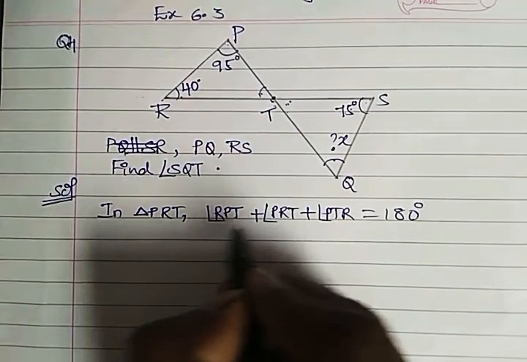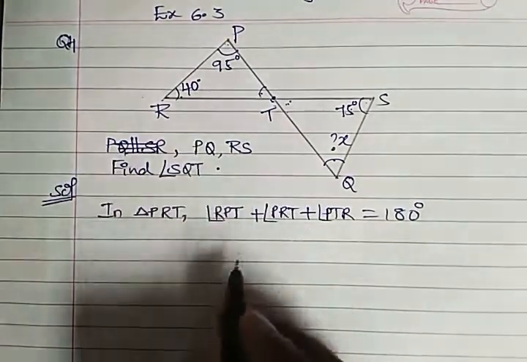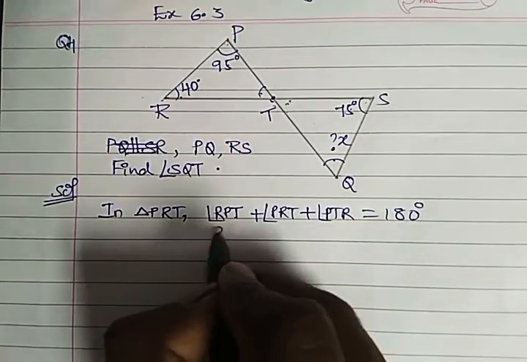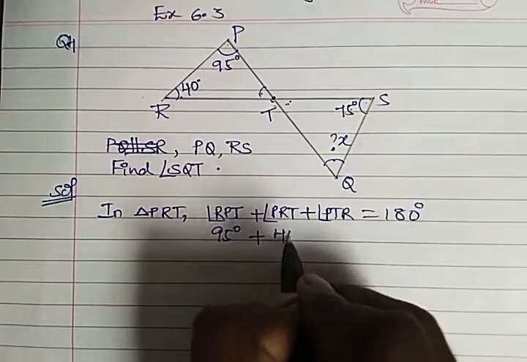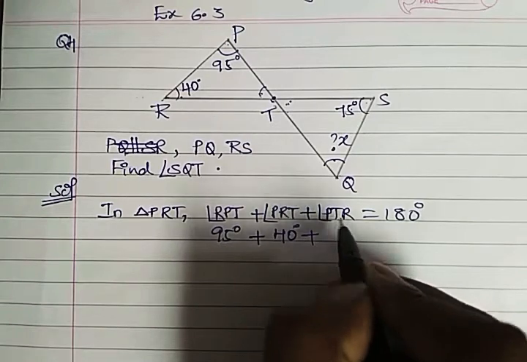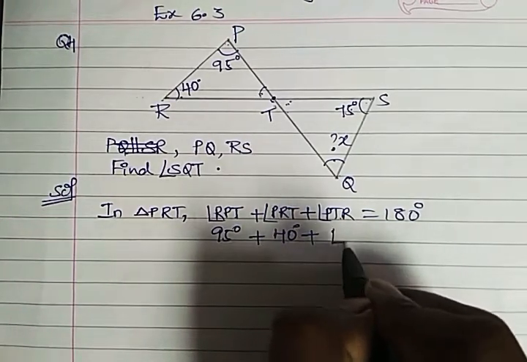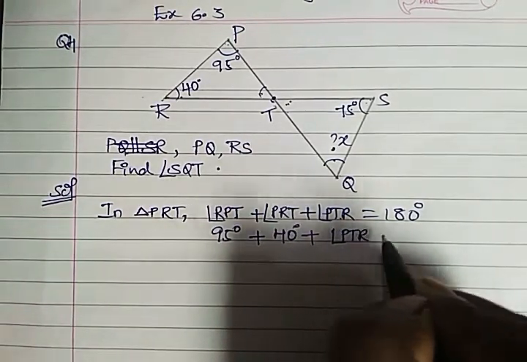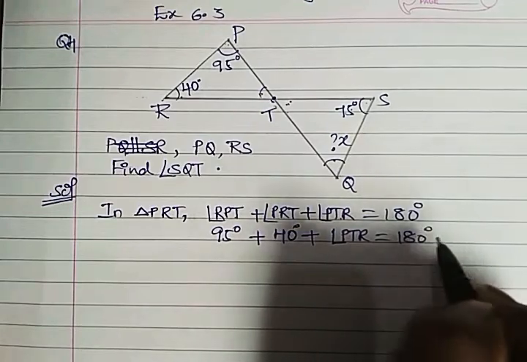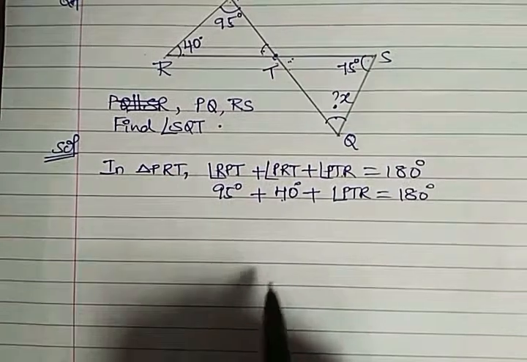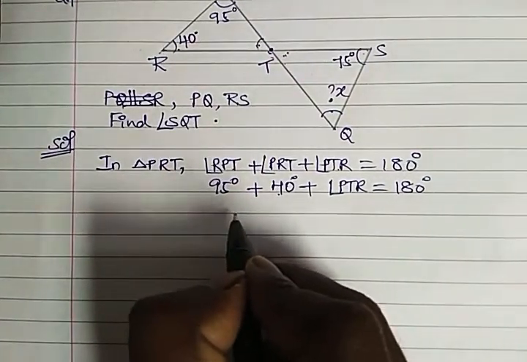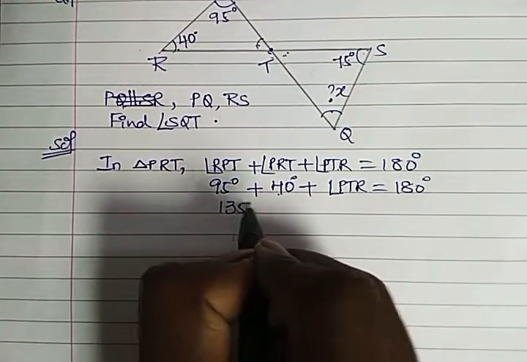In these 3, we have 2 known values: RPT is 95 degrees plus PRT is 40 degrees plus PTR, which is unknown, so we write it as it is, PTR, is equal to 180 degrees. We can add these 2 angles, 95 plus 40, that is 135 degrees.